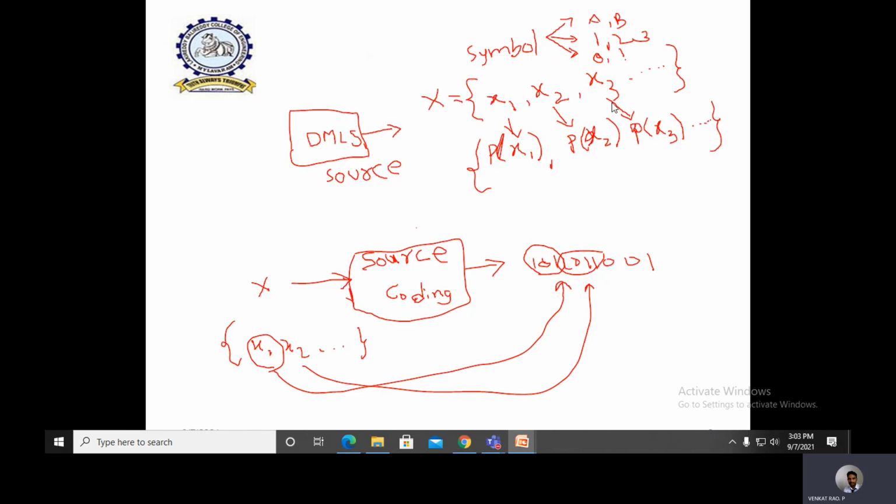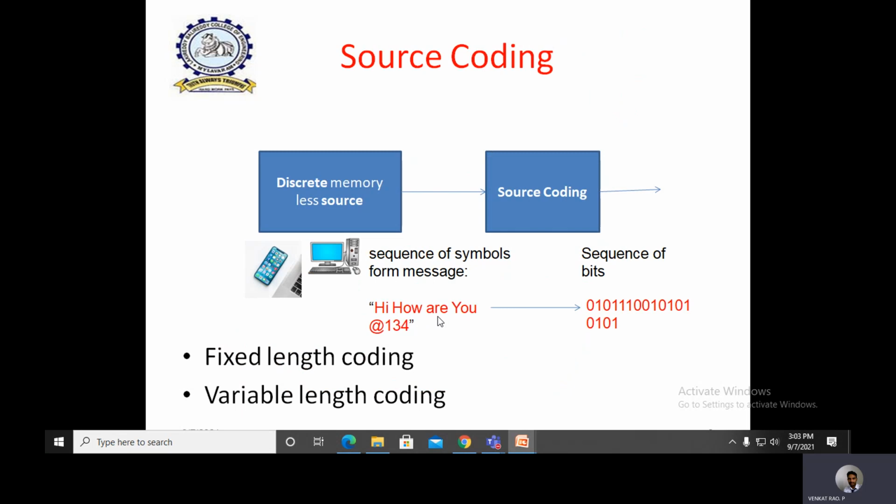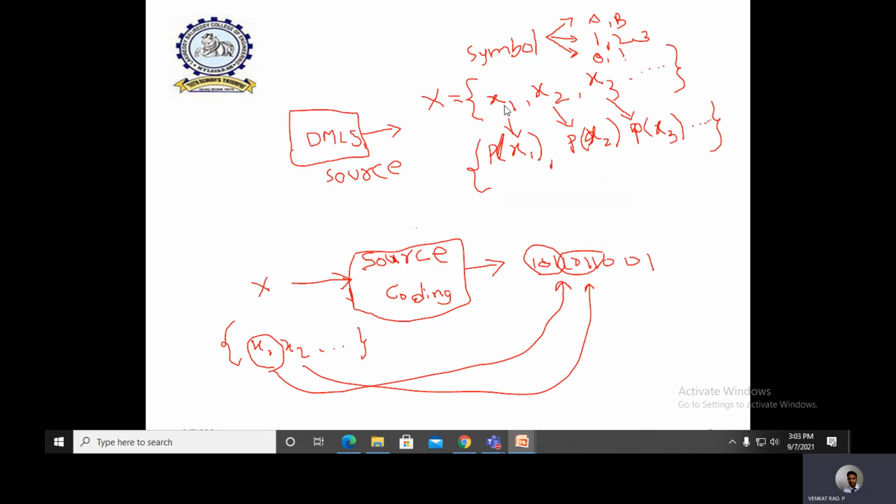These are the set of symbols. From this message you can clearly observe that the probability of H is different when compared to Y, because Y occurs only one time and H occurs 2 times. So the probability of occurrence of each symbol is different. Let us represent these as P of x1, P of x2, P of x3, and so on.